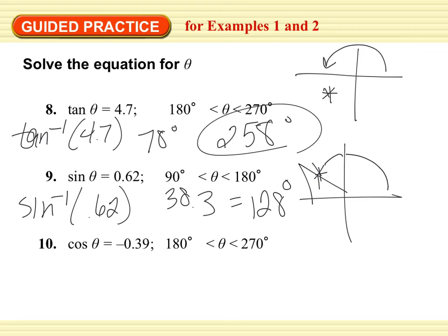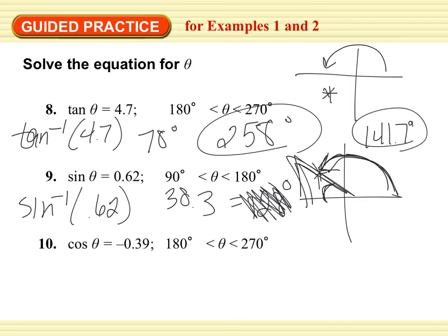So 180 minus 38.3 is 141. I did that backwards, so I need this reference angle to be 38.3. So this measurement would be 180 minus 38.3, which is 141.7. Sorry, I did that one backwards.